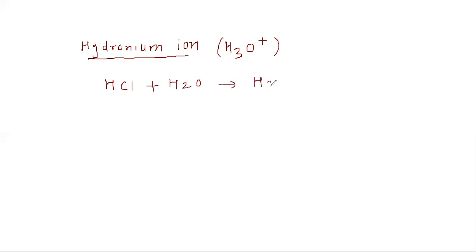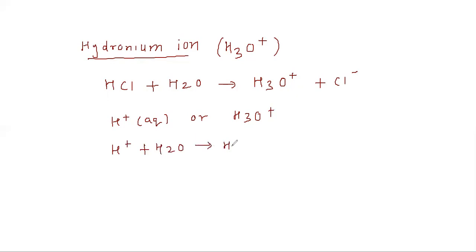It forms H3O plus, which is hydronium ion, plus chlorine. Hydrogen ion cannot exist alone, but they exist after combining with water molecule. Thus, hydrogen ions must always be shown as H plus aqueous, or H3O plus hydronium ion. That is, we generally write like H plus combines with H2O gives hydronium ion.